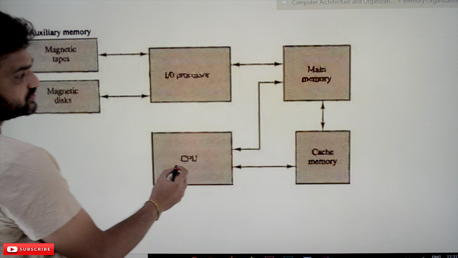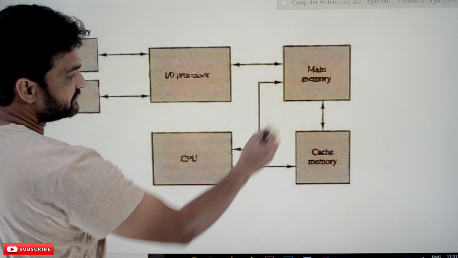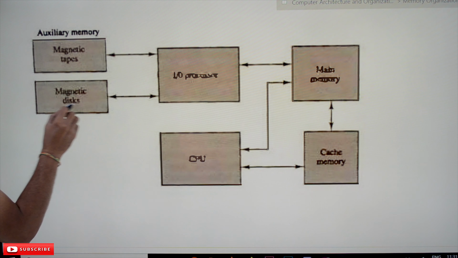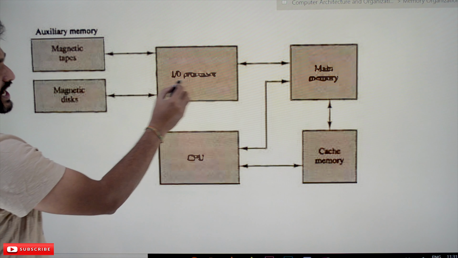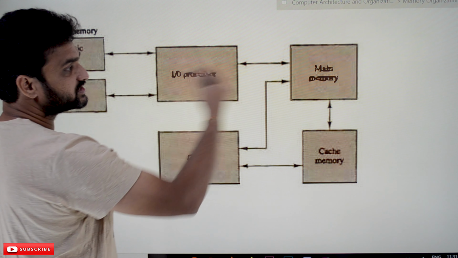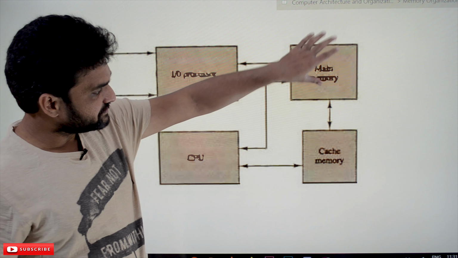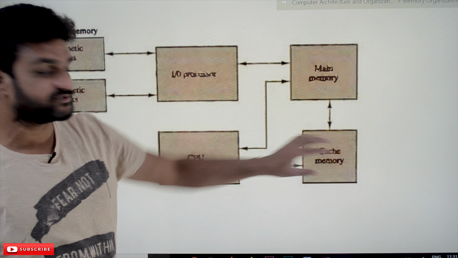The CPU is going to have direct contact with main memory and cache memory, and the hard disk, the magnetic disk, with the IO processor is going to transfer the data from hard disk to the main memory, and from the main memory the content will get transferred onto the cache memory.